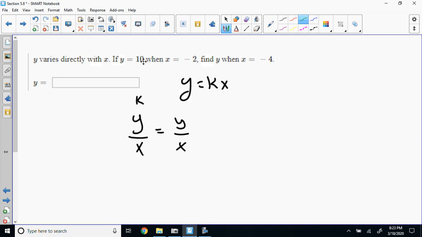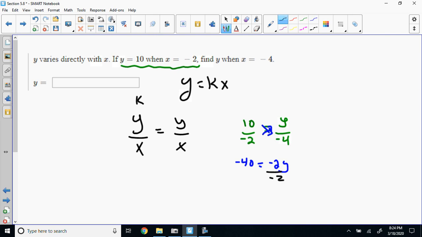So we take this scenario and put 10 over negative 2 equal to y over negative 4. And when we solve this, we cross multiply, right? So that would be negative 40 equals negative 2y, divided by negative 2. So y is equal to 20, right?